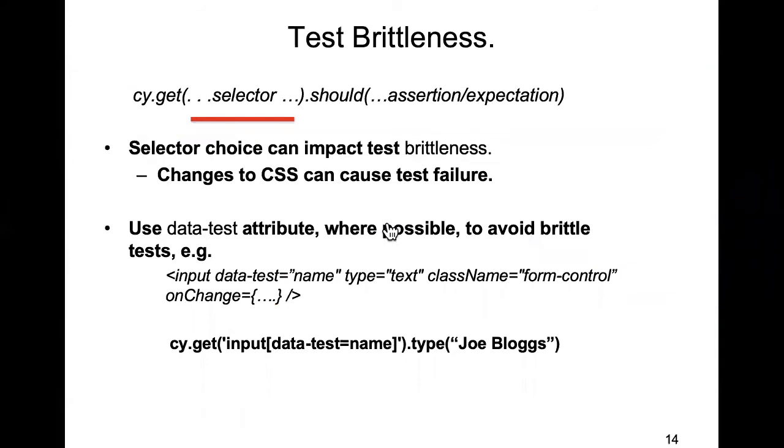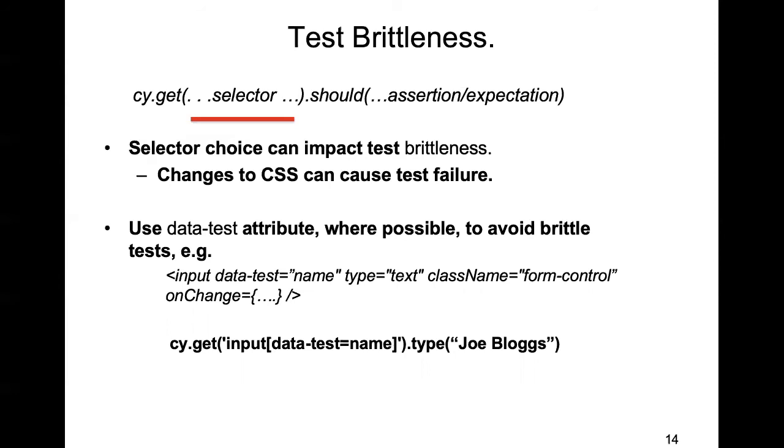Test brittleness. Well, the only key point here, I suppose, is it's probably not a great idea to overuse CSS selectors as your selectors, especially if you've got a lot of custom CSS in your web application. Now we are using, in the Movies app, Bootstrap, which is a third-party library. So that's probably okay.